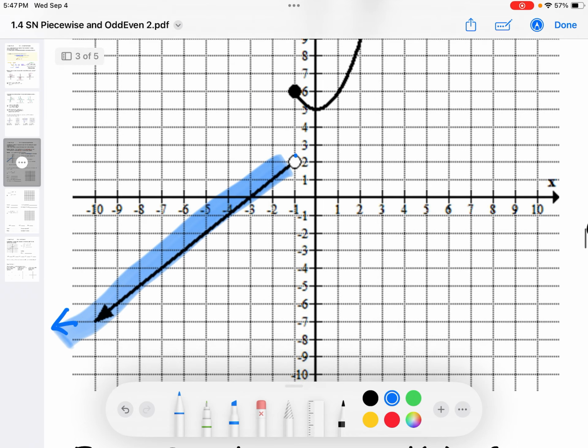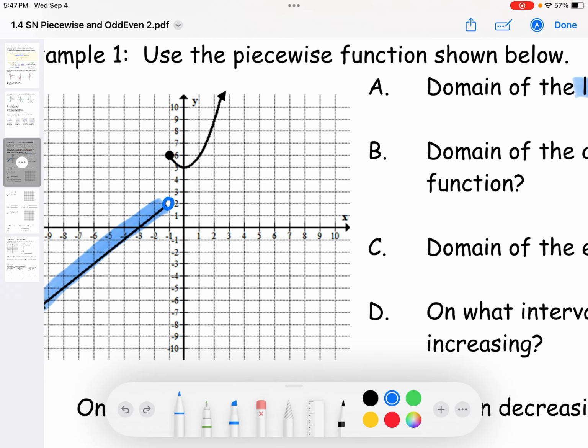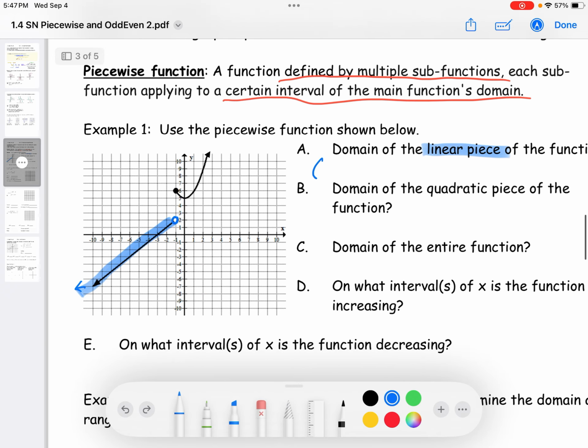And on the right of this piece, it stops at x equaling -1. Now on that -1, it's an open circle. So our domain of the linear piece is -infinity to -1, using parentheses on the -infinity because we don't ever touch -infinity, and using the parentheses on the -1 because it is an open circle.